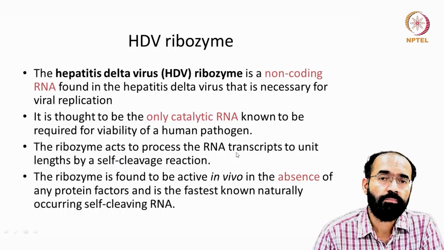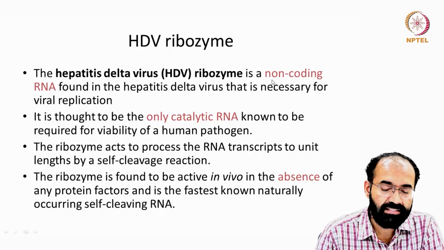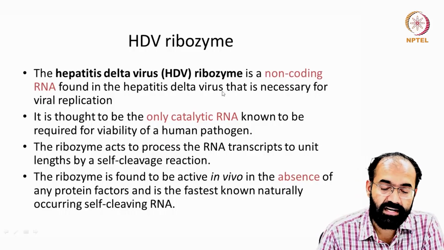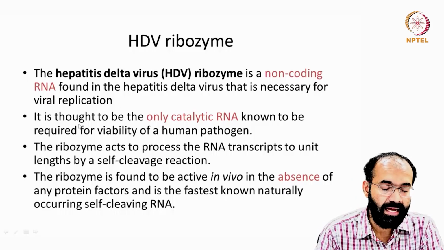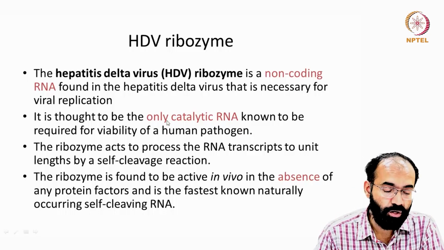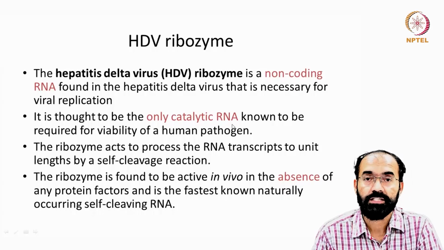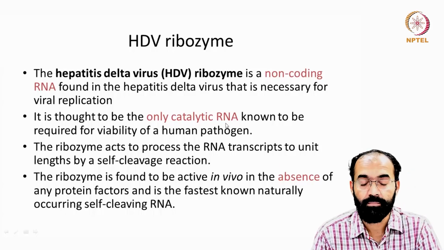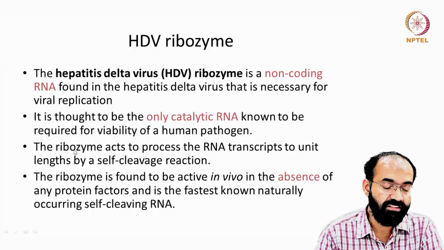Moving on to more details about HDV, the hepatitis delta virus ribozyme is a non-coding RNA found in the hepatitis delta virus that is necessary for virus replication. It is thought to be the only catalytic RNA known to be required for the viability of a human pathogen. So this catalytic RNA part is very important for the viability of the human pathogen such as HBV.